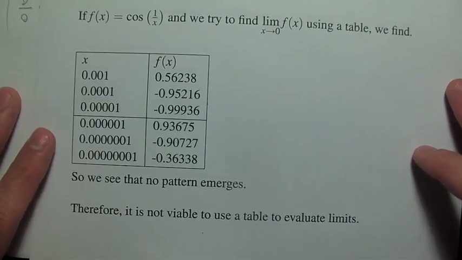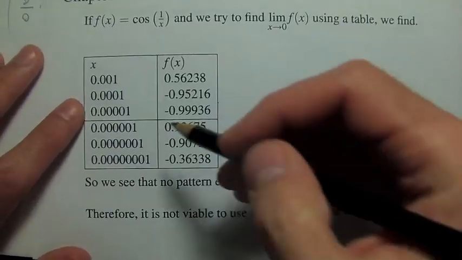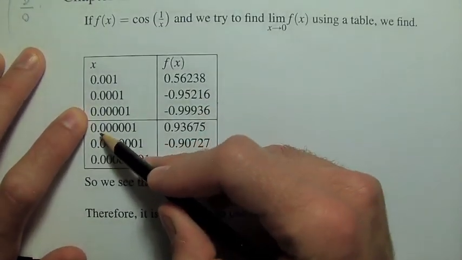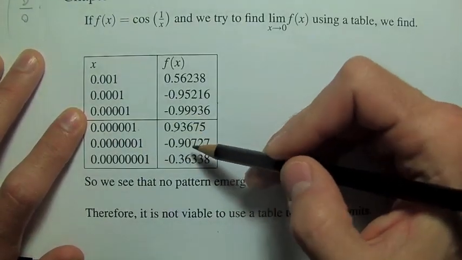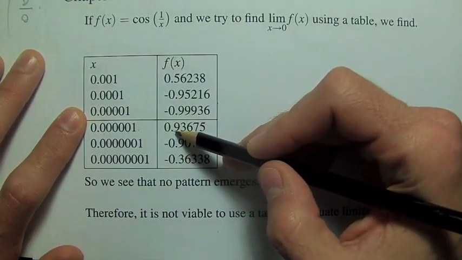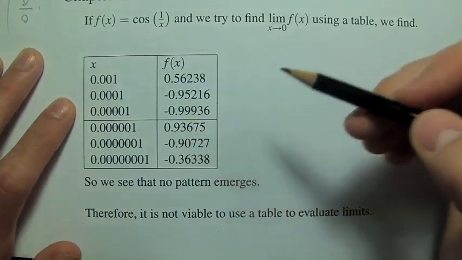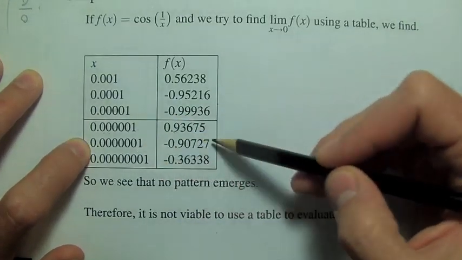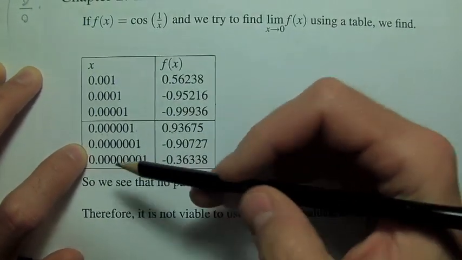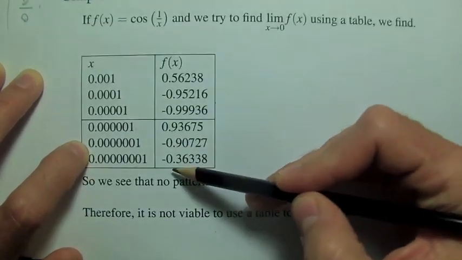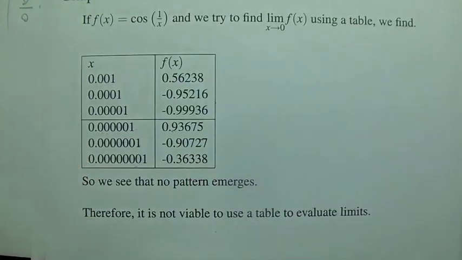Because when we start adding more values to this table, say I add another 0 to get 0.000001, suddenly I'm up to positive 0.93675. And then I throw in another 0, and now we're back down to negative 0.9. And then I put in another 0, and now it's negative 0.36.